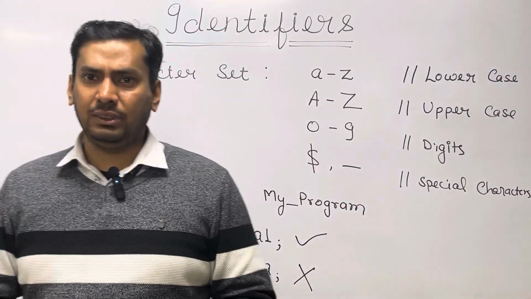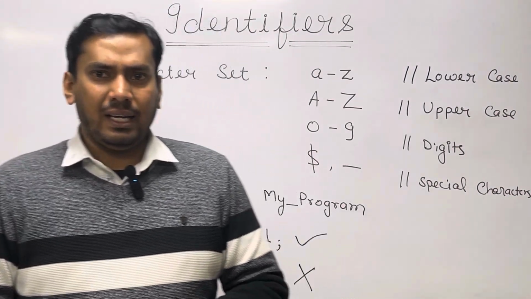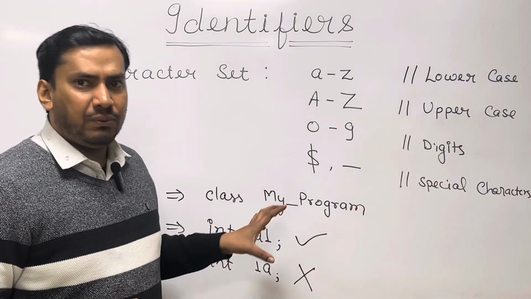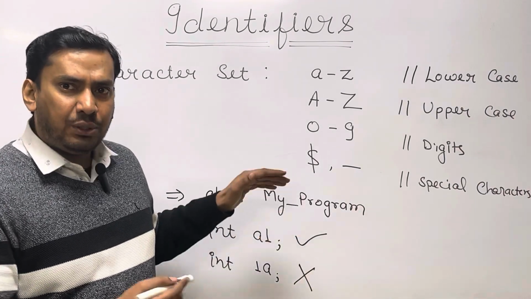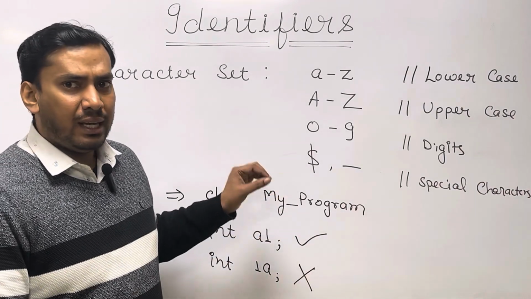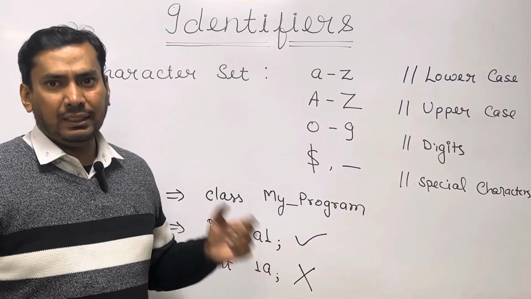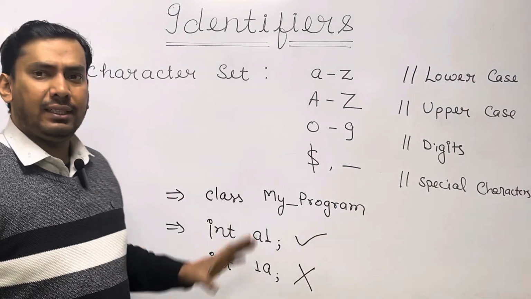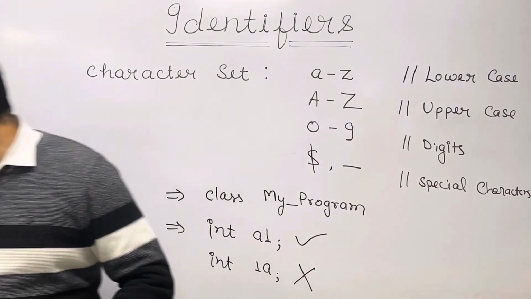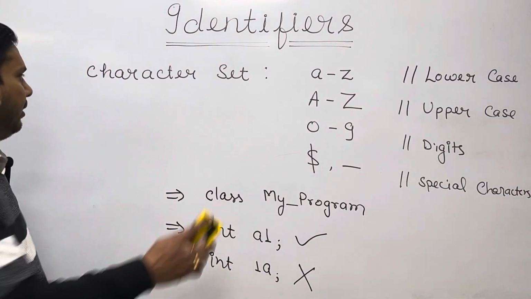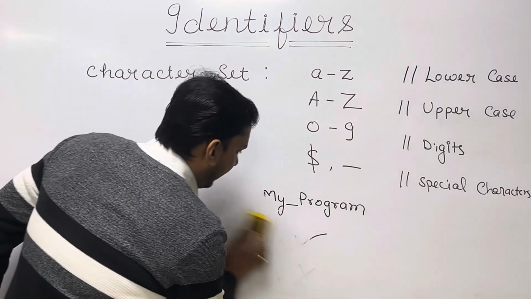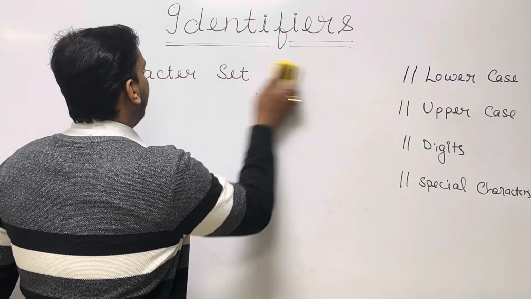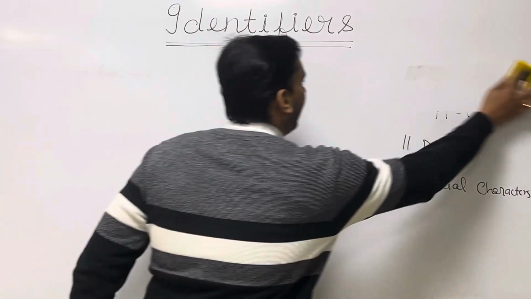Now, I am giving you certain identifiers and you have to check whether they are allowed or not. Try to compile with your compiler and see what kind of message you get. Let us take certain identifiers and try to understand whether they are valid or invalid.